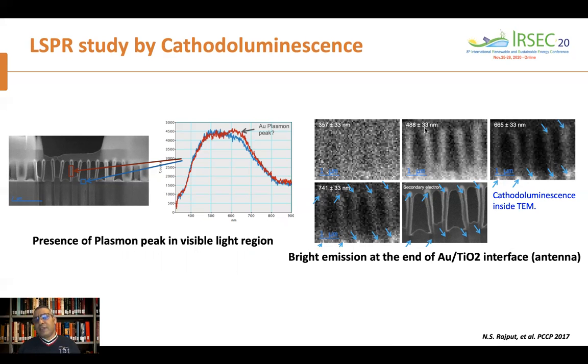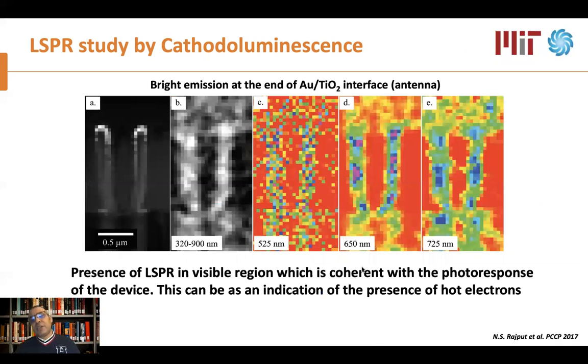So here in visible light, we have this antenna appearing everywhere at the intersection between the gold particles and the semiconductor material. And this can be translated in a color code very easily. And you see in the whole visible region, we have this antenna structure showing very high activity of LSPR.